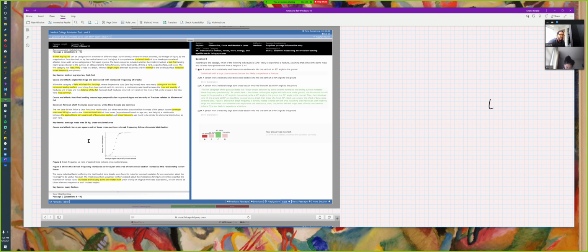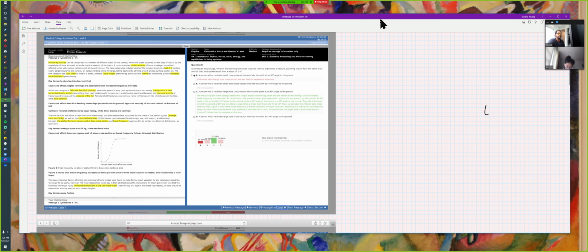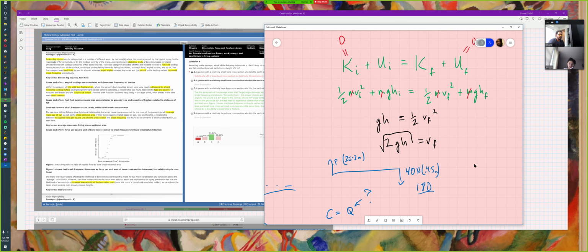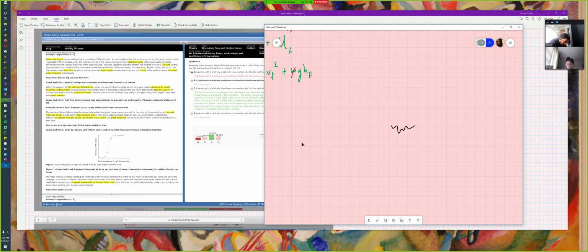So where is that here? Force over area is basically proportional to break frequency, right?